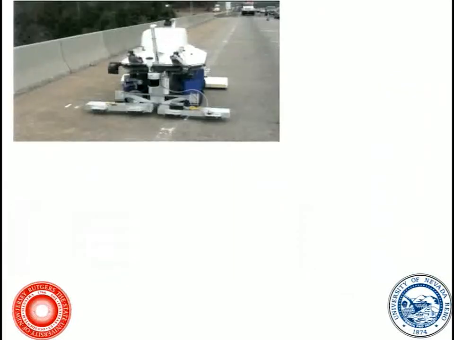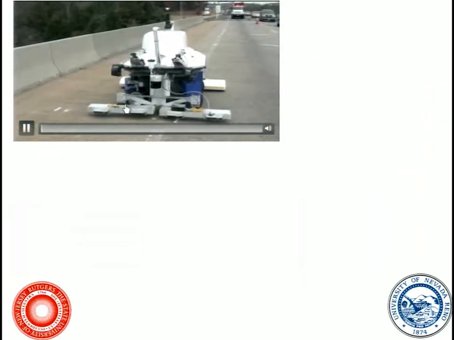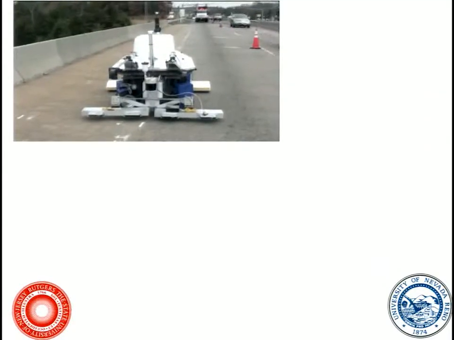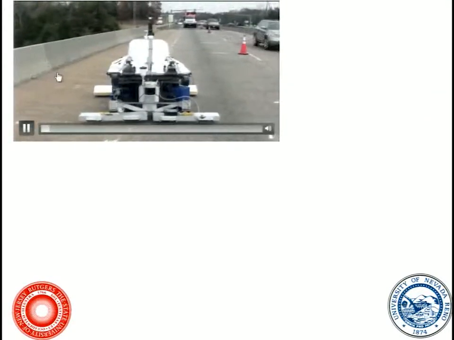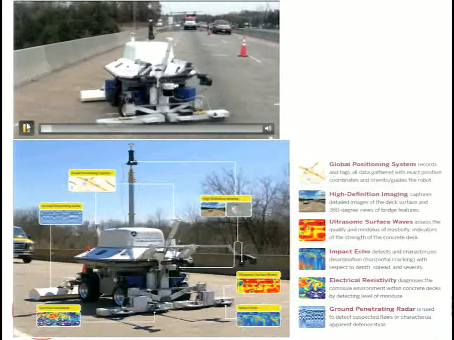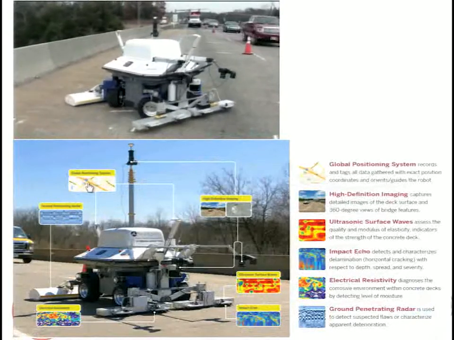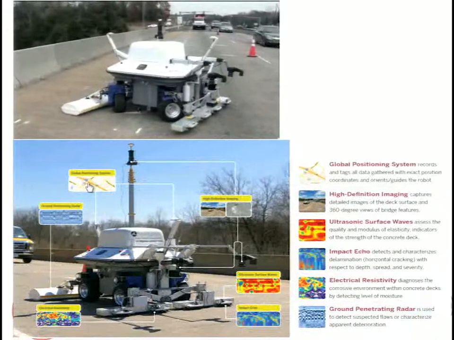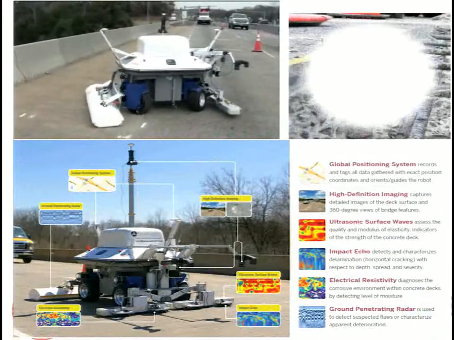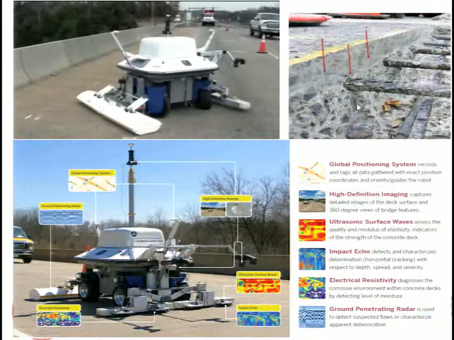So this motivated us to develop a robotic system that can autonomously travel on the deck without human monitoring, so it can inspect the bridge simultaneously. The robot is integrated with a lot of non-destructive evaluation sensors, like a ground-penetrating radar here that can detect corroded rebar inside the deck.